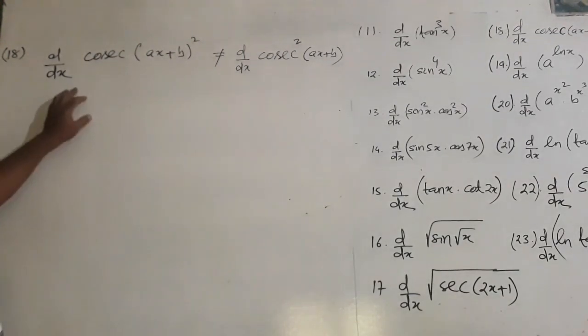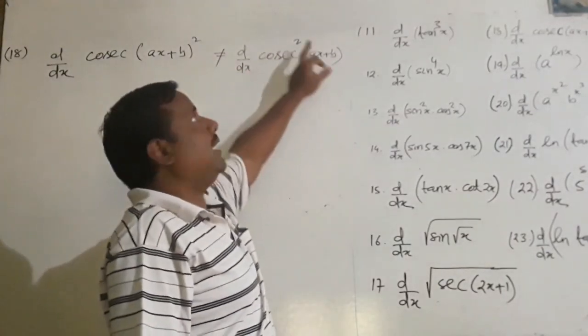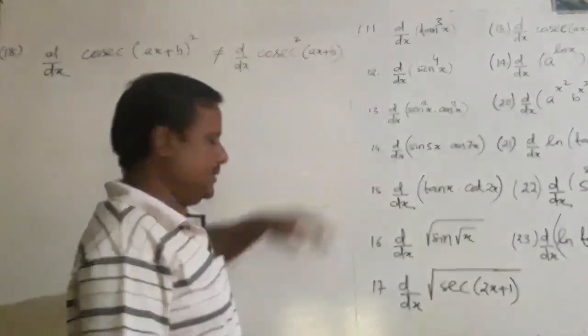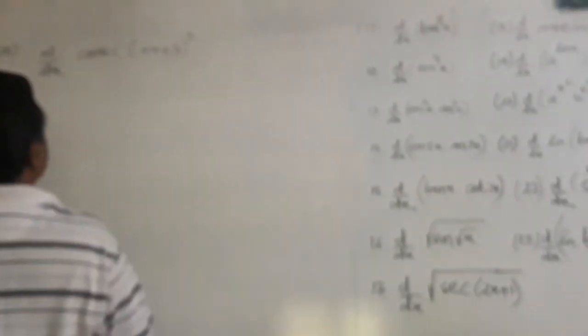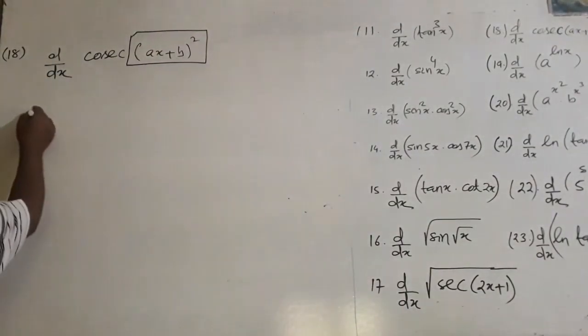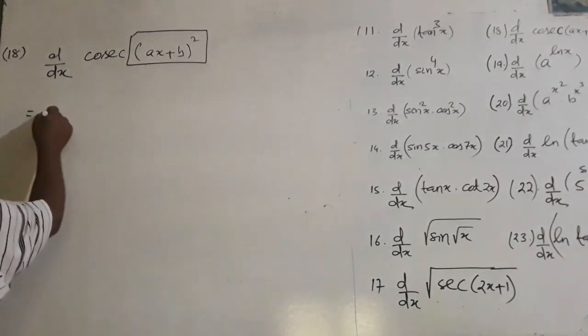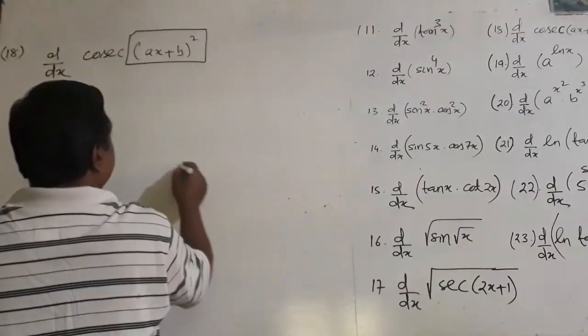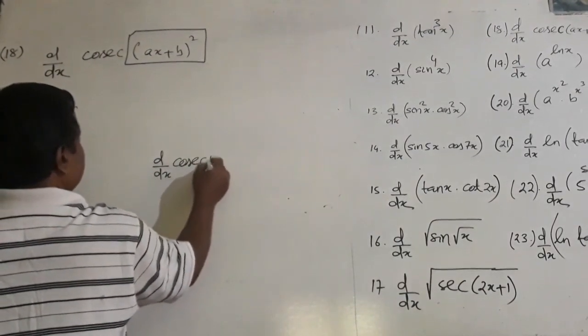Now look at the problem number 18. It is sec ax plus b the whole square. Don't think it is sec square ax plus b. Never think it. So now I am going to solve this sec ax plus b whole square. It is sec box. Now the answer is what? Cosec box. The answer is minus, you know the formula of d by dx of cosec box. What is the answer?